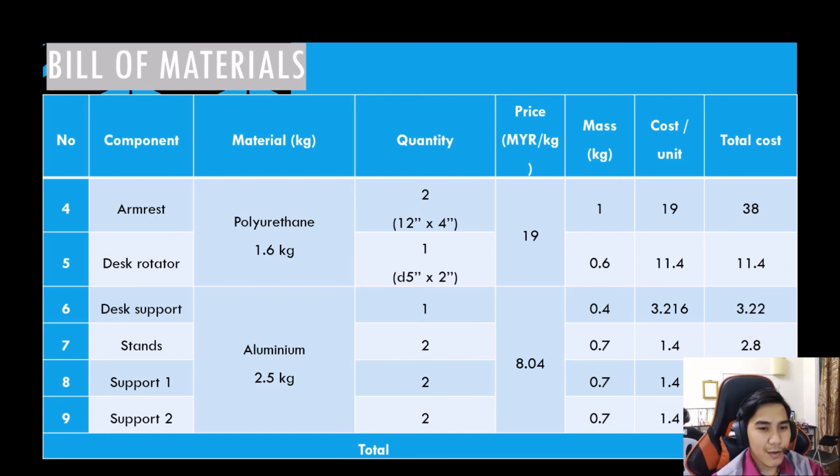For the armrest, the total cost to make the component is RM 38, and for the desk rotator, the cost is RM 11.4. The remaining materials, which are desk support, stand, support 1 and support 2, share the same material of aluminium. For the desk support, the price is RM 3.22. For the stand, support 1 and support 2, each yields a total cost of RM 2.8.